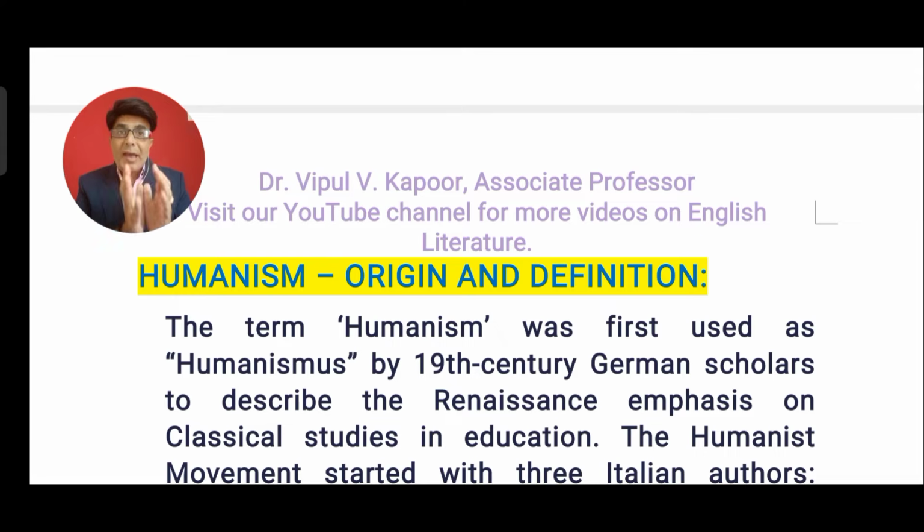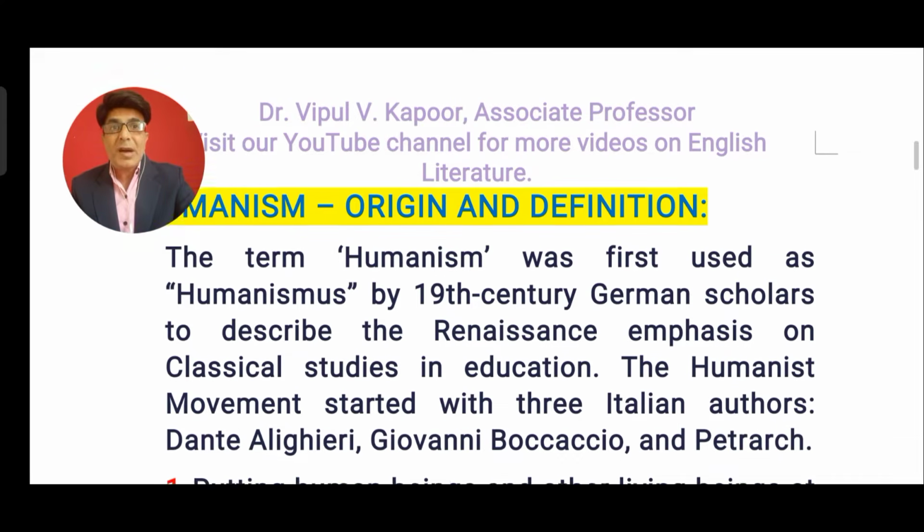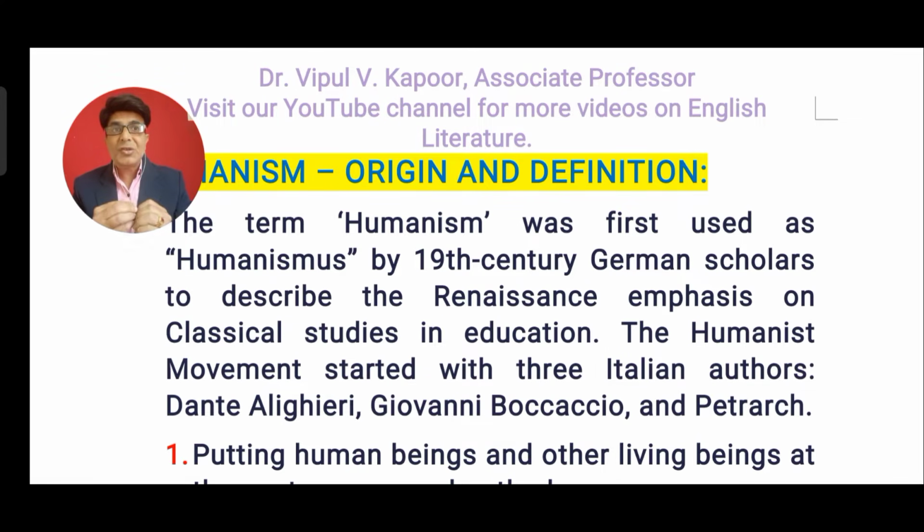How did it actually begin? Let me tell you about the origin and definition of humanism. The term humanism was not used as humanism. It was used as humanismus. This term was used by some 19th century German scholars to describe the Renaissance emphasis on classical studies in education.